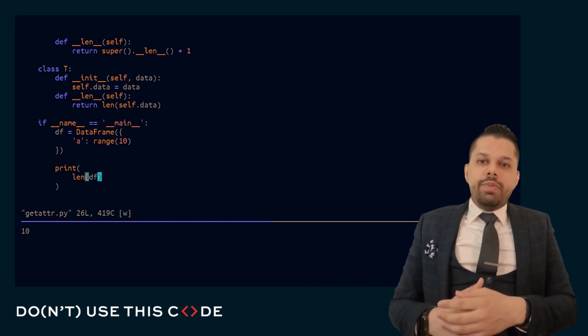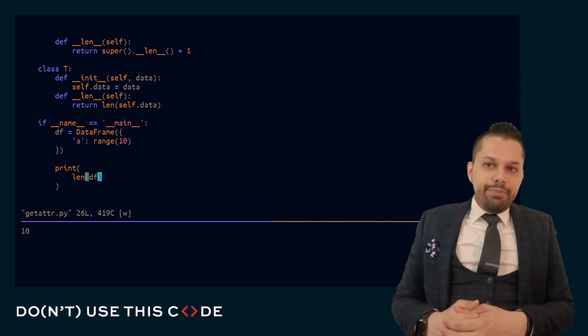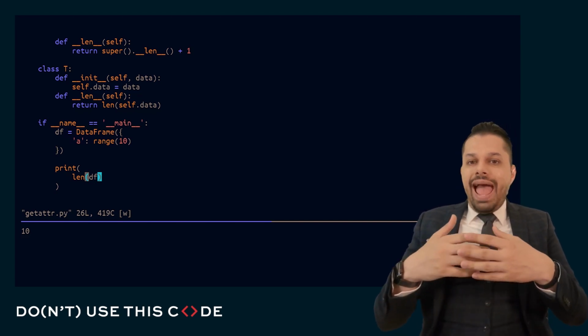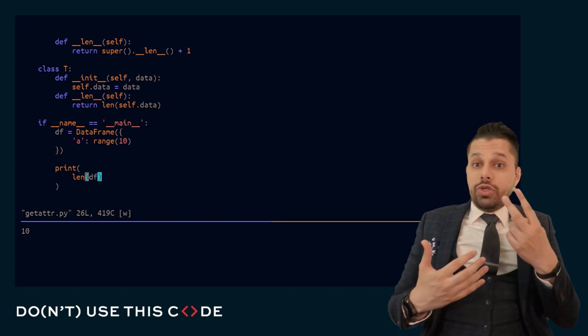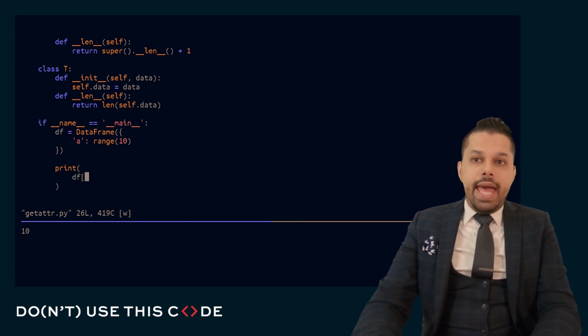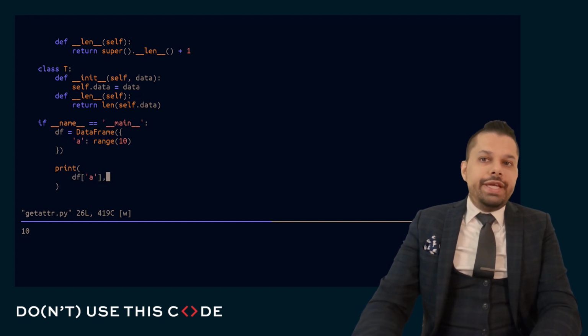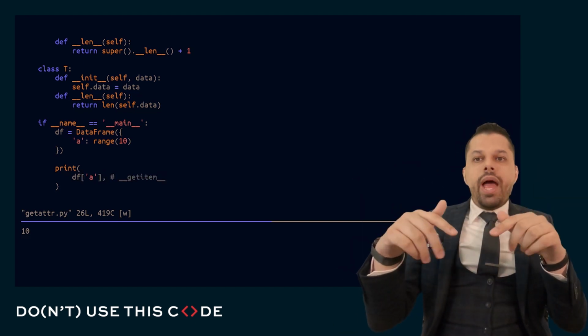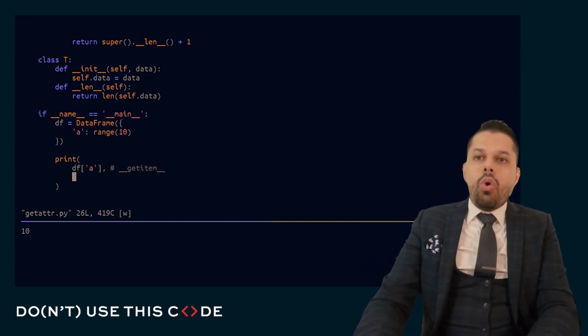Well, in some cases, there may be some ambiguity. For example, in a pandas data frame, we can access the columns by means of two different protocols. We can access this column, A, either via the getitem protocol, which would be implemented using __getitem__. It has these square brackets, and you give it some key. Or we can access this via the getattr protocol.